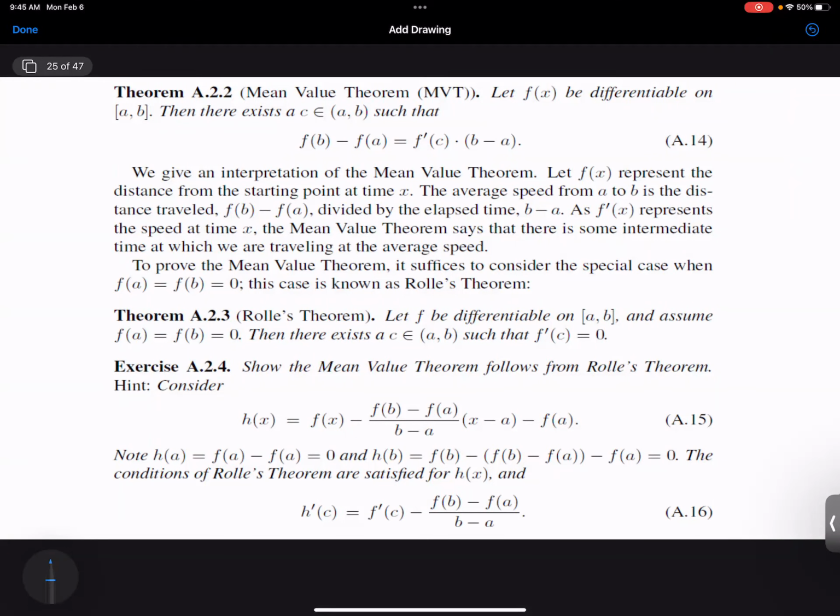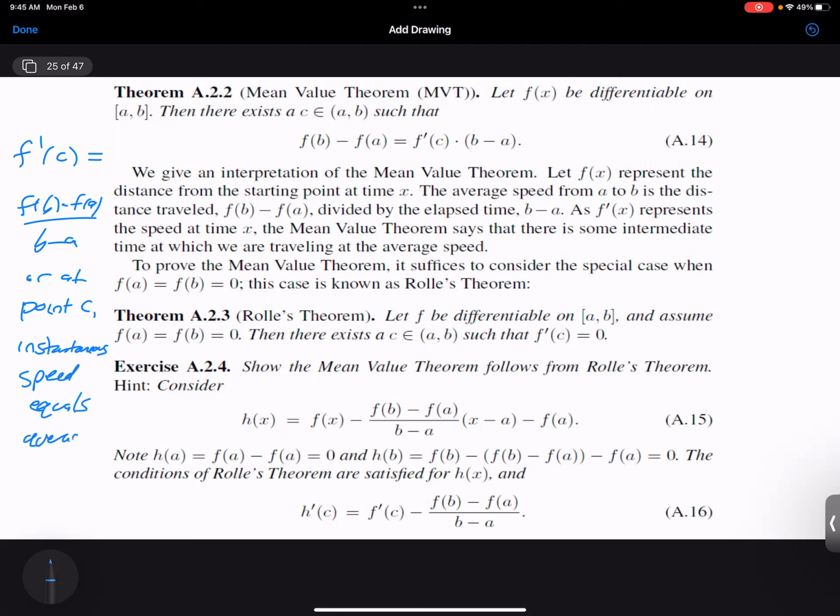The way you can view this is you can write this as f prime of c equals f(b) minus f(a) over b minus a, or at point c, the instantaneous speed equals the average speed.